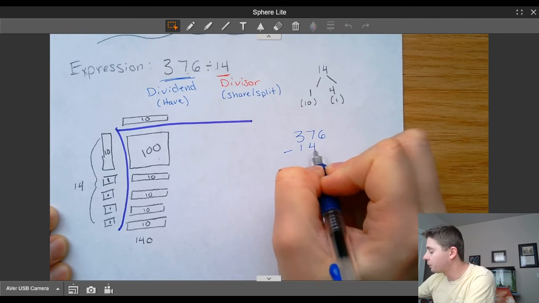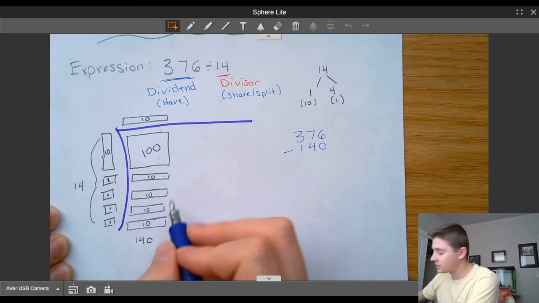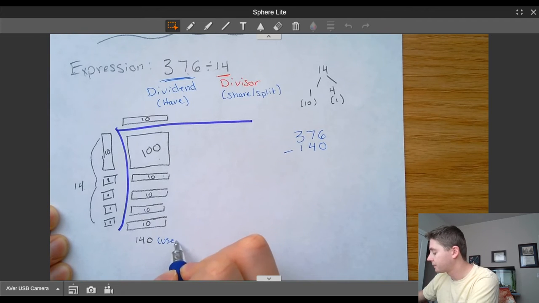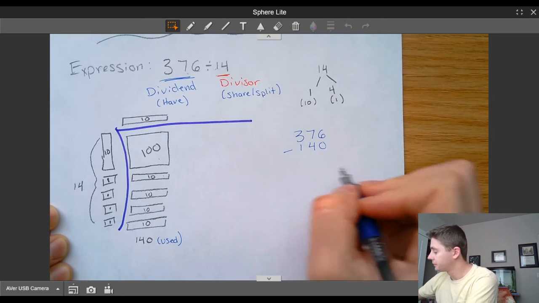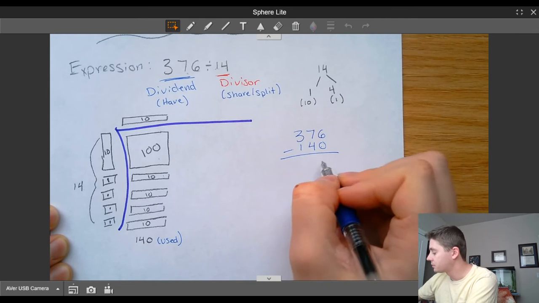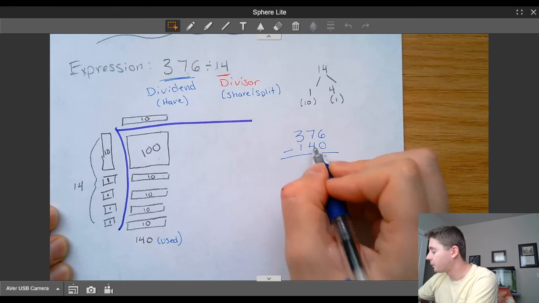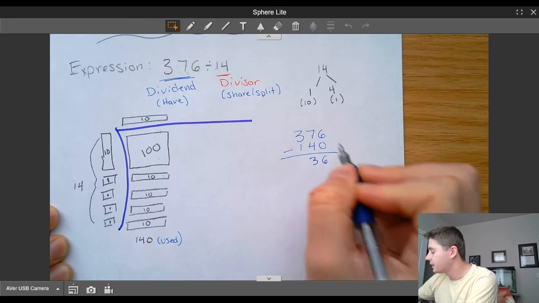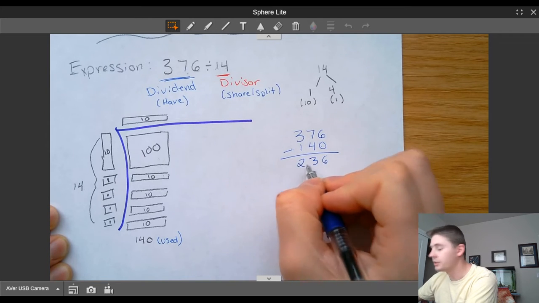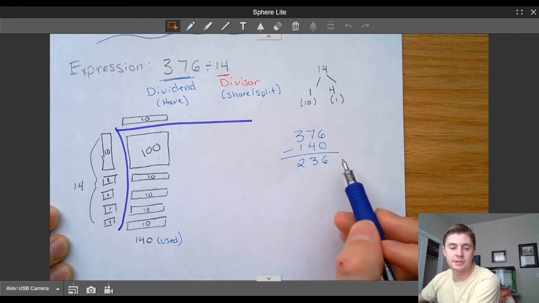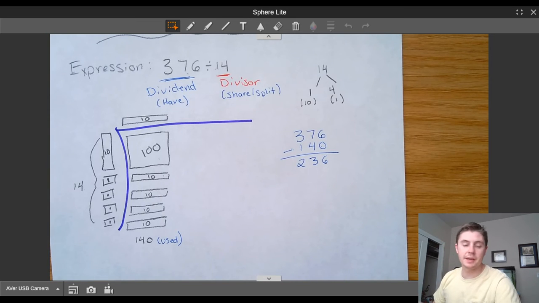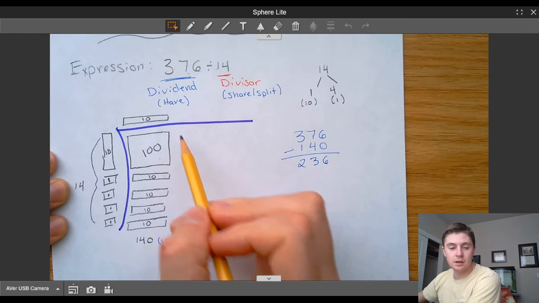I'm going to take away 140 because I've already used it. This is how much I've already used. 6 minus 0 is 6. 7 minus 4 is 3. And 3 minus 1 is 2. I'm left with 236.